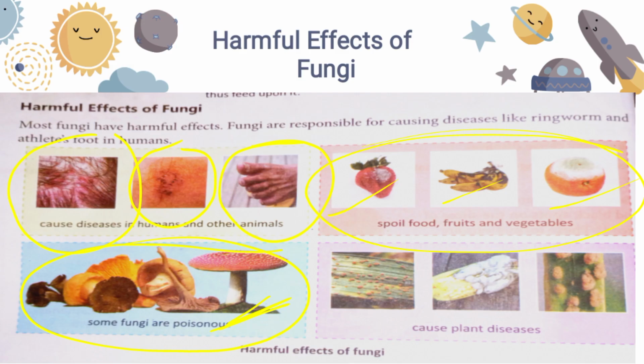Some mushrooms are also poisonous, but some are edible. And some plant diseases are also there. You can see that some leaves have yellow spots. This is a sweet corn having a white spot. This is a stem having small red molds.